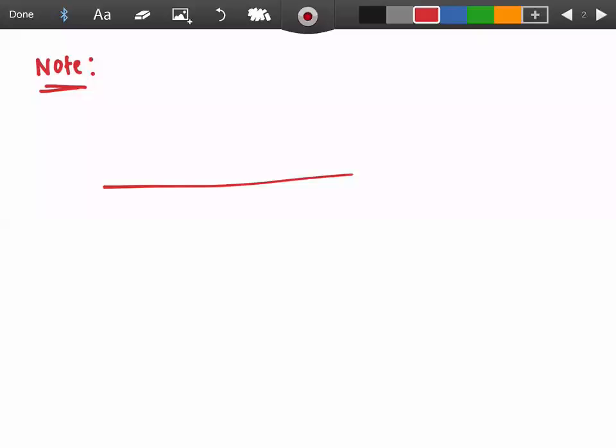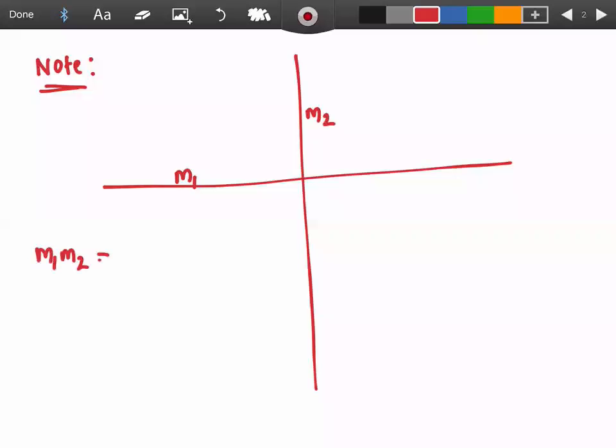If two lines are perpendicular, with gradients m1 and m2, where gradient is another name for slope, then the product of their gradients will give -1. This is an important property we are going to use for solving this question.